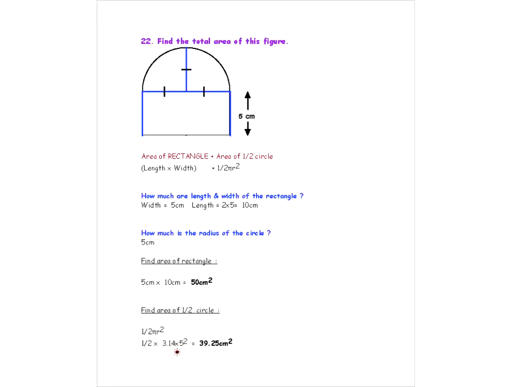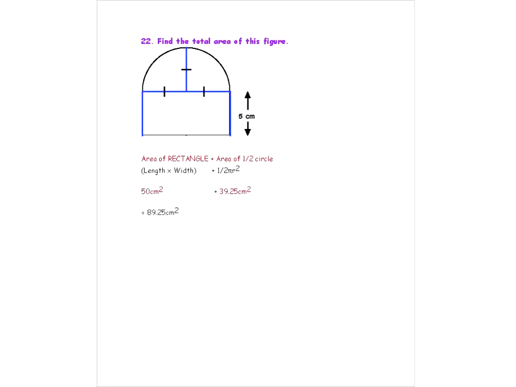And we're going to multiply it by a half because it's a half circle. The area of the half circle is this amount here. We add this half circle area to the area of the rectangle. We get our total area, which is going to be 89.25 centimeters squared.